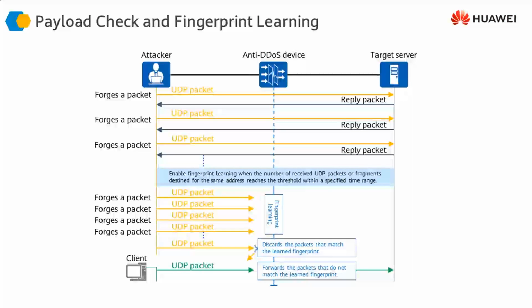The second defense mechanism that we can use is the payload check and fingerprint learning.